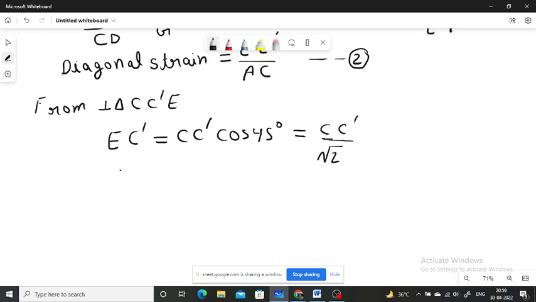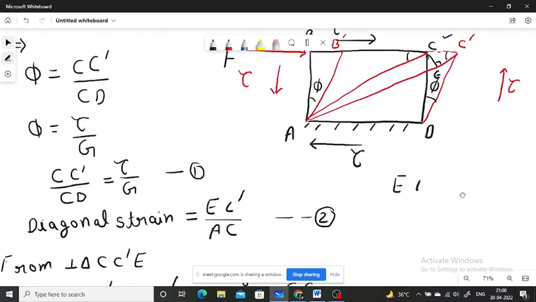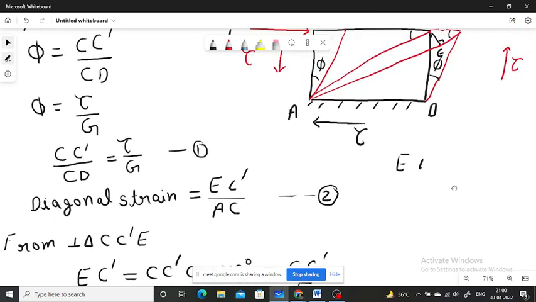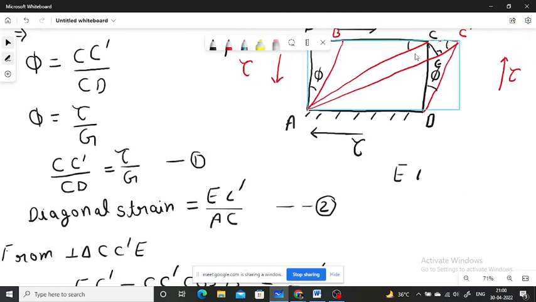And from the right angle triangle ACD, AC is equal to CD. Basically this angle is 45 degrees, so cos 45 is equal to CD upon AC.